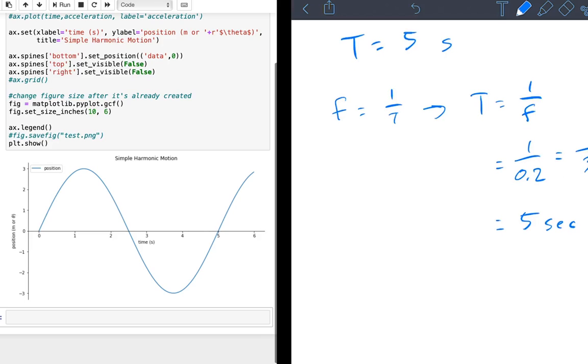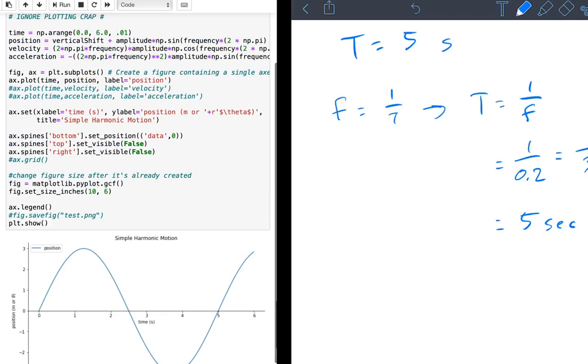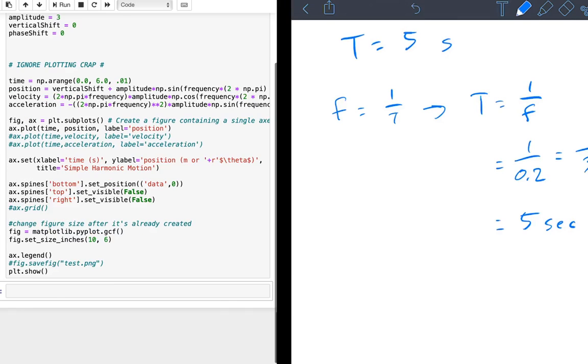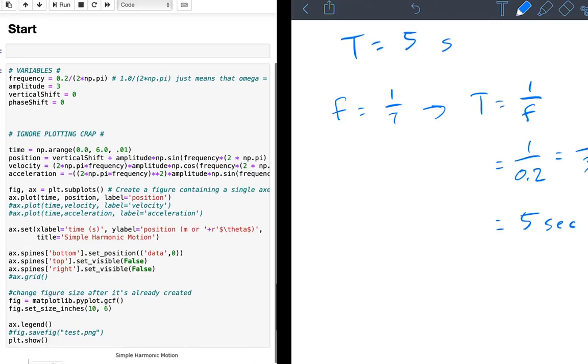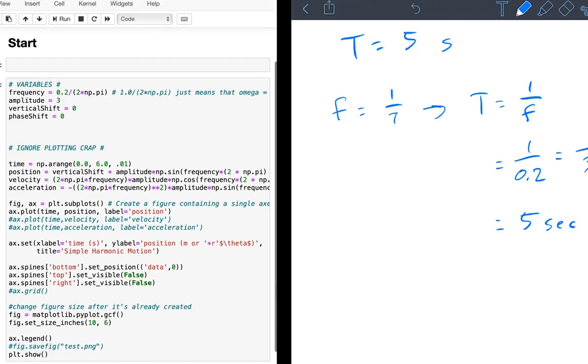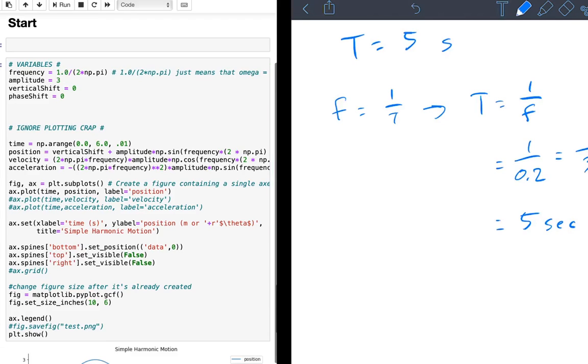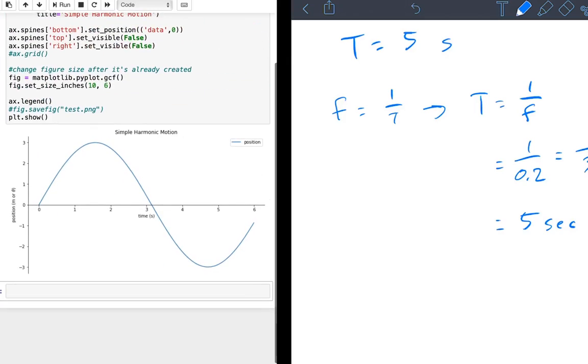Now I want to do something here. 3 is a fine amplitude. We can leave that. But I want to go back into setting omega equal to 1. Change our frequency back to 1 instead of 0.2. Okay. So we're just going to use a sine.